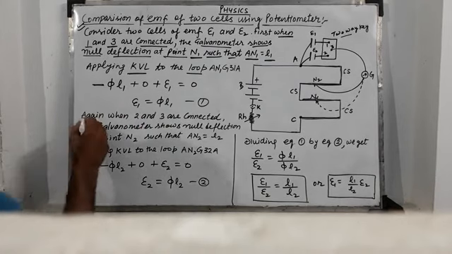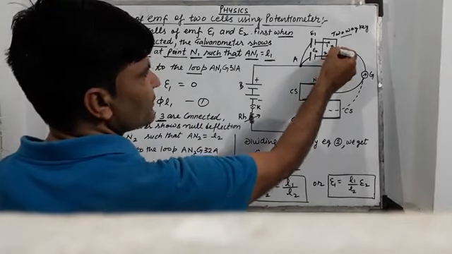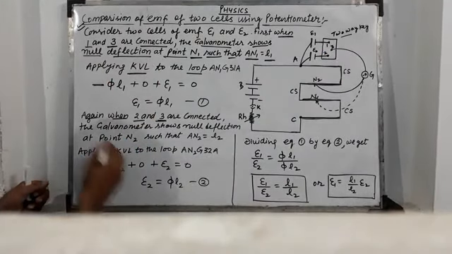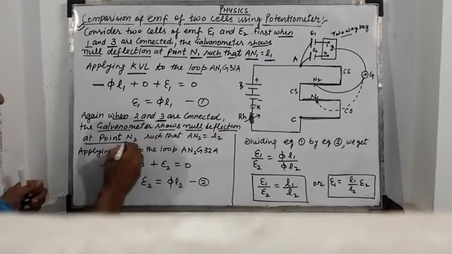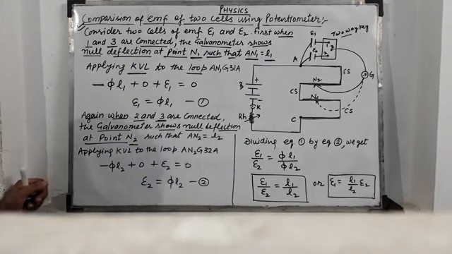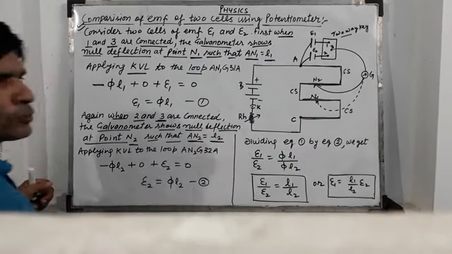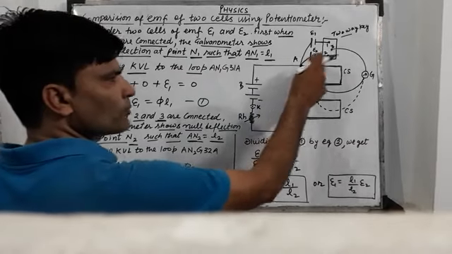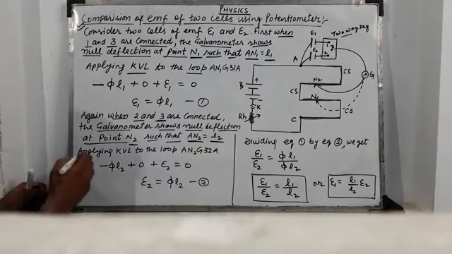Again, when 2 and 3 are connected, the galvanometer shows null deflection at point N2 such that the length from A to N2 is L2.